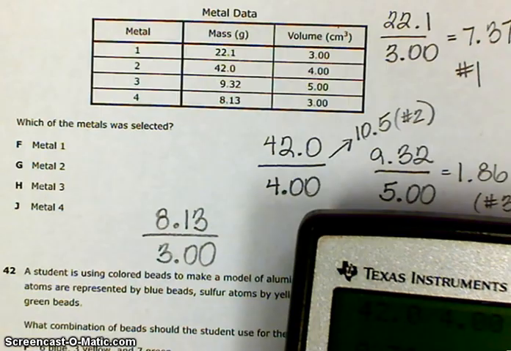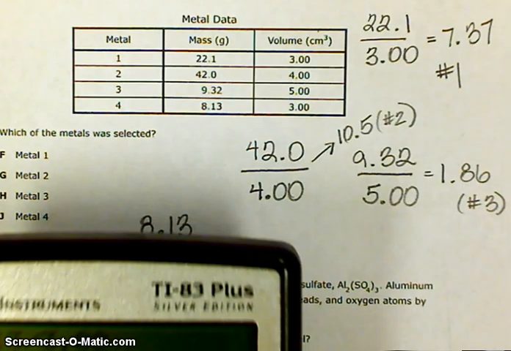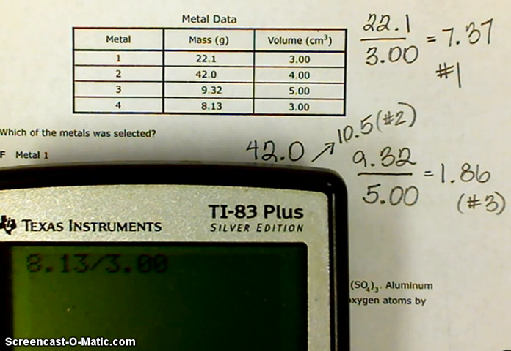And then the last one is 8.13 divided by 3. Okay, and that's going to give us 2.71.